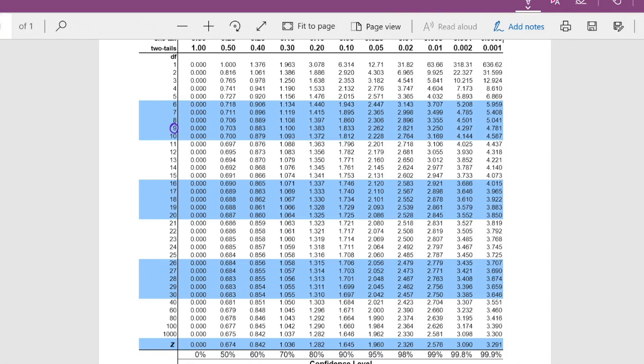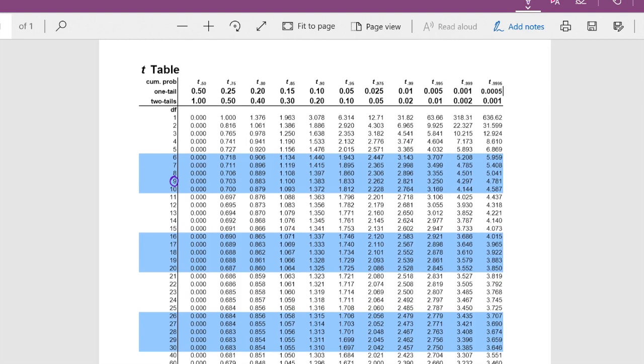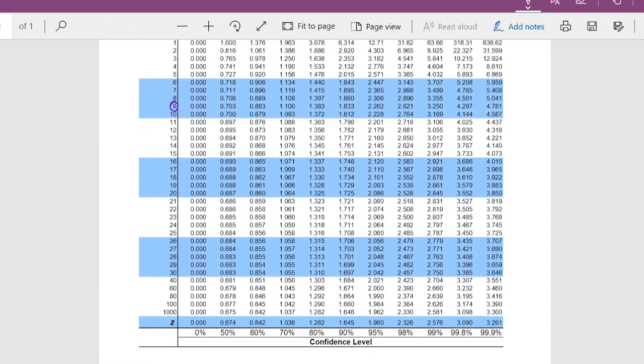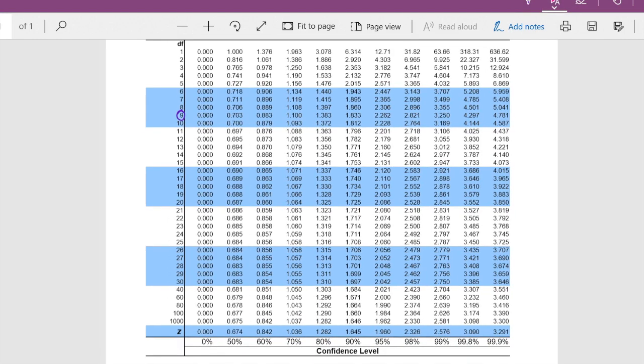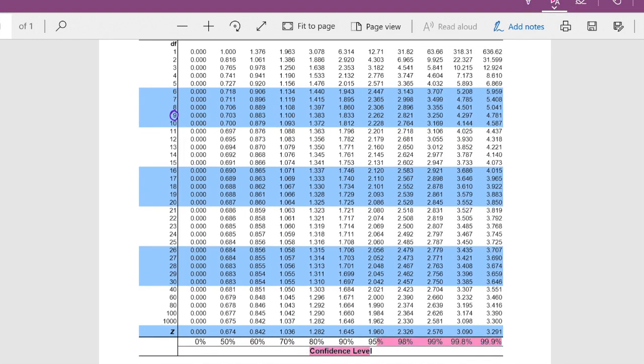What you need to know about this table is that it's weird, and it has confidence intervals at the bottom. So that's going to change from when we're doing hypothesis testing. We have to use the numbers at the bottom. So I want it to be, I think, 95% confident. And my degrees of freedom were 9.